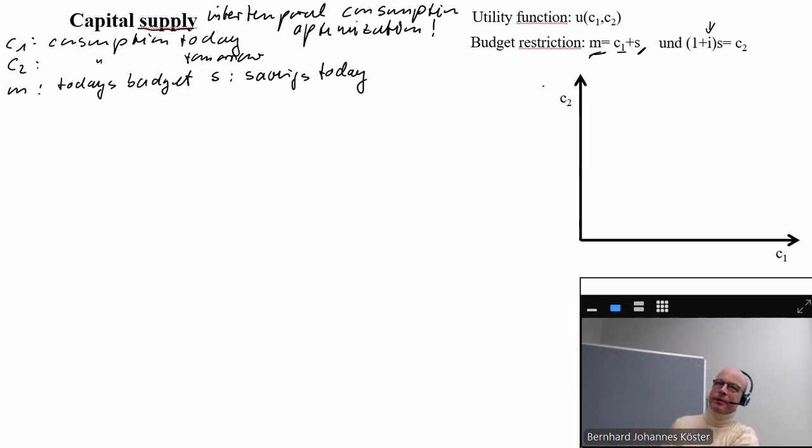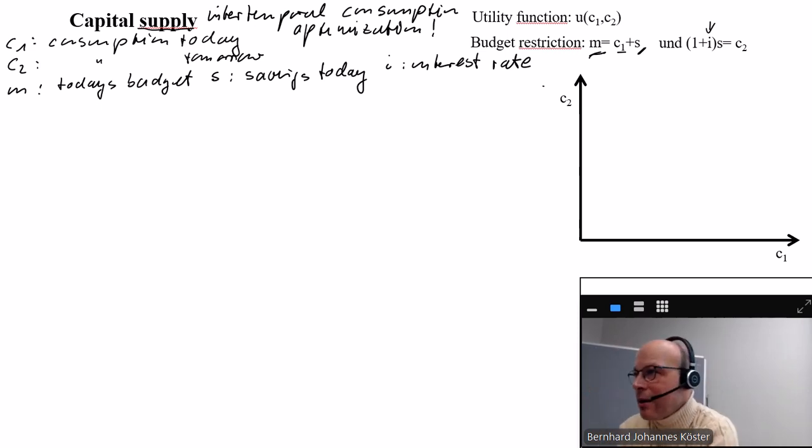So over time, to tomorrow, we have not only the savings, we have 1 plus the interest rate times our savings volume, which we can consume tomorrow. So I is the interest rate, and multiplying our savings volume with the interest rate factor 1 plus I is then what we have in the future to consume.